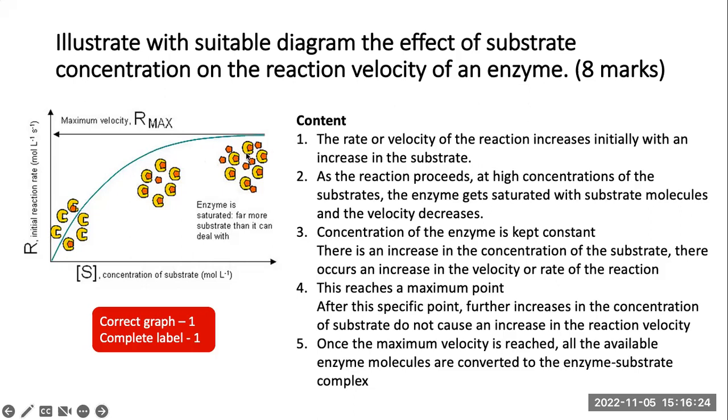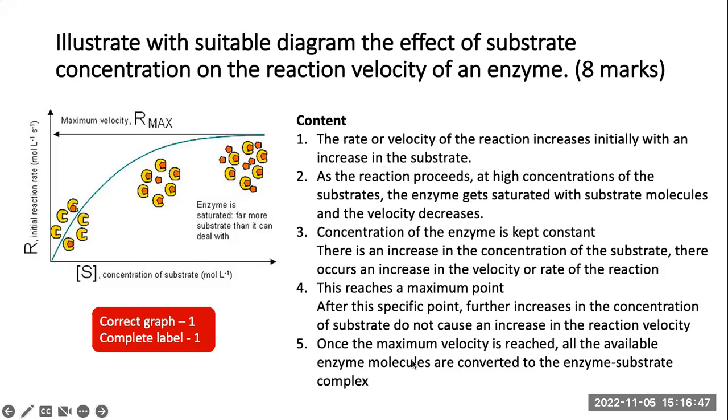So you have to mention that at one point, it will reach a plateau or a stagnant point, or you can say after it reaches the maximum point. Up to you. After this specific point, you have to mention that even though you increase the amount of substrate, the rate of reaction is not increased.